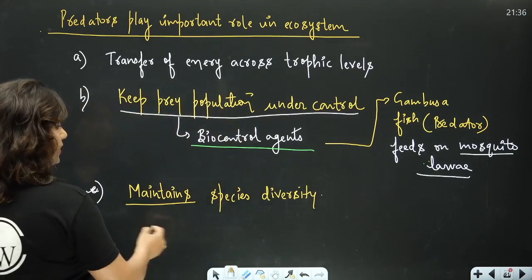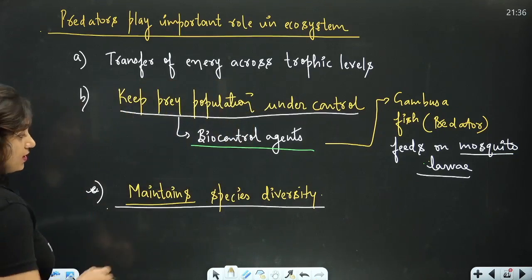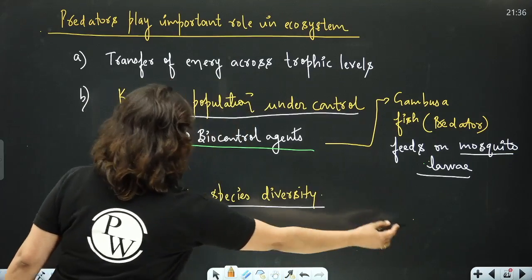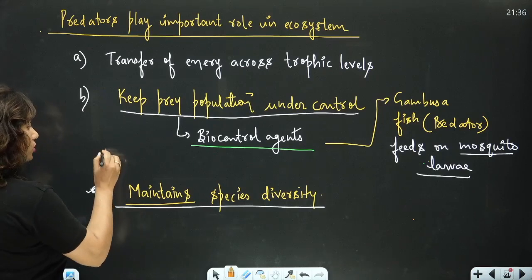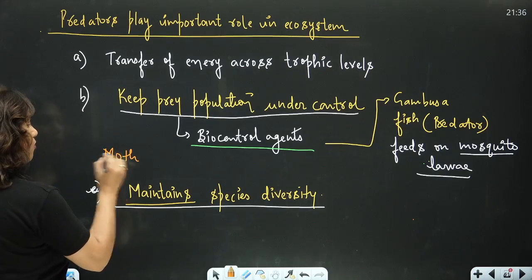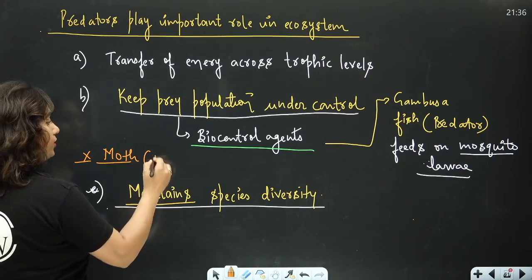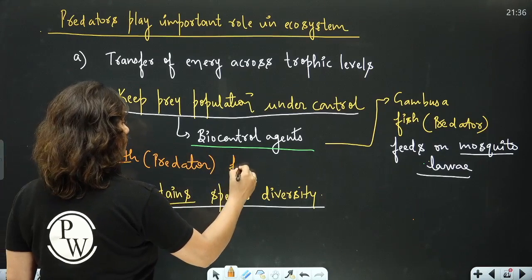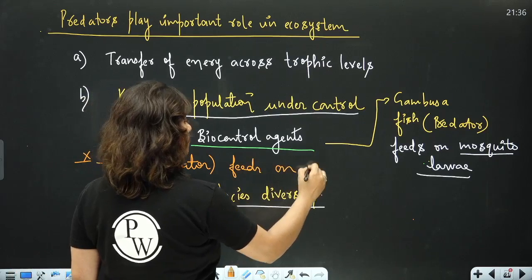Then, they maintain species diversity. And there is one more example given in NCERT, the example of a moth. There is a special type of moth which is a natural predator, and it feeds on prickly pear cactus.